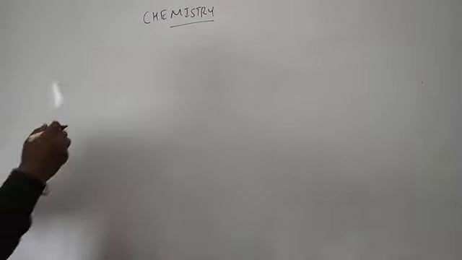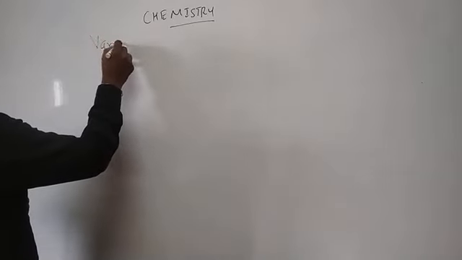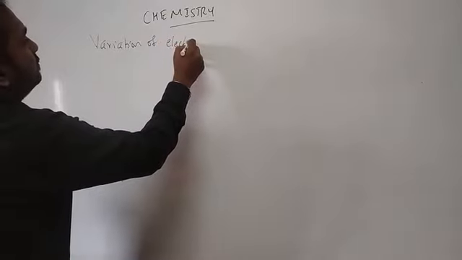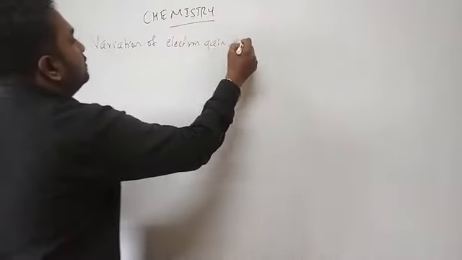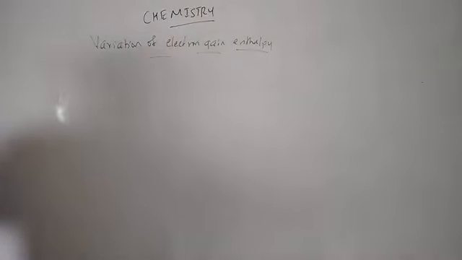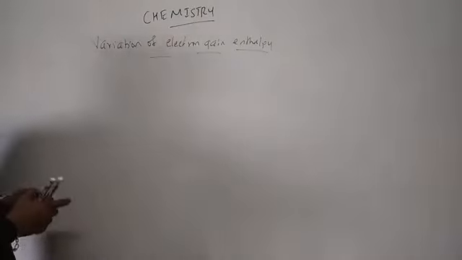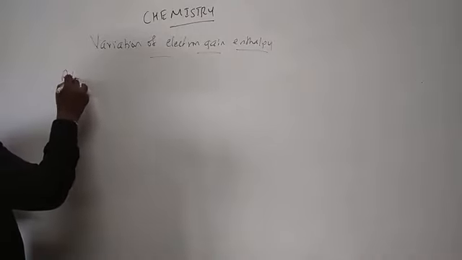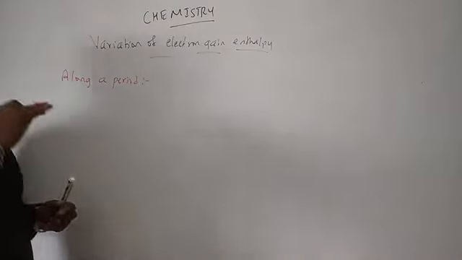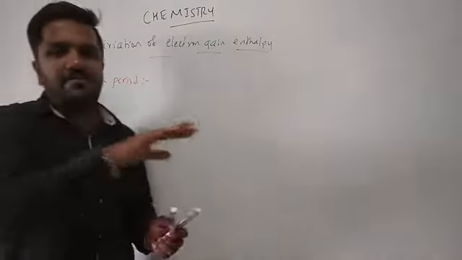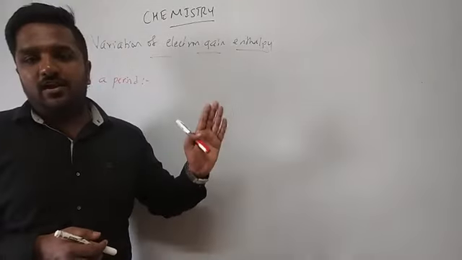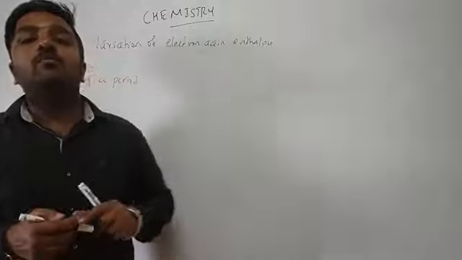Now let's check out the variation of electron gain enthalpy. Along a period, as we move from left to right, atomic number increases, so the electron gain enthalpy becomes more negative.